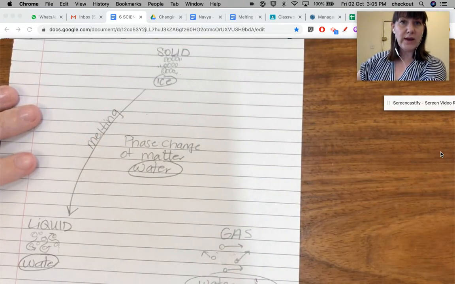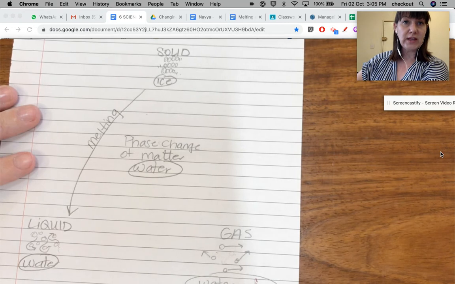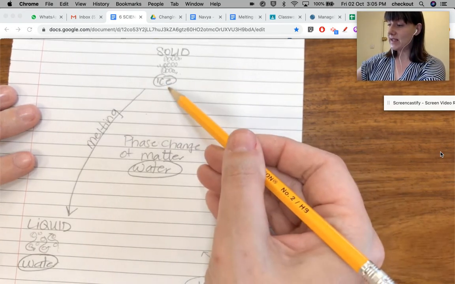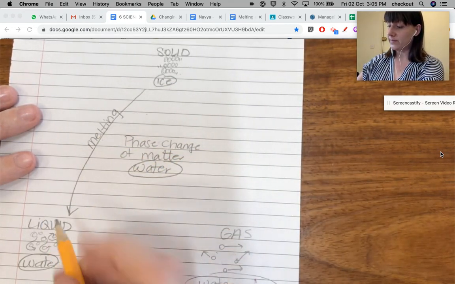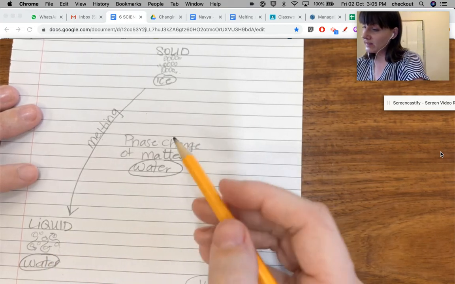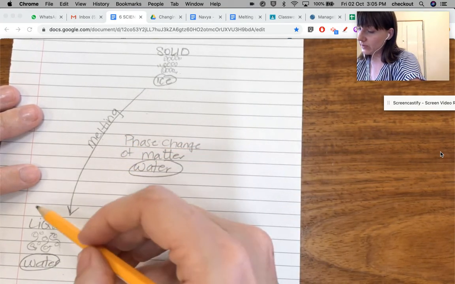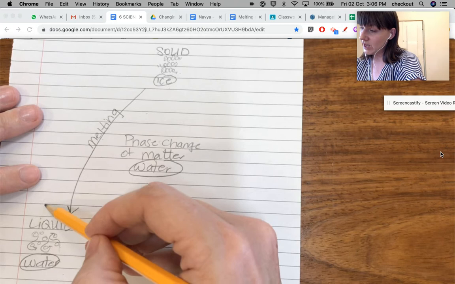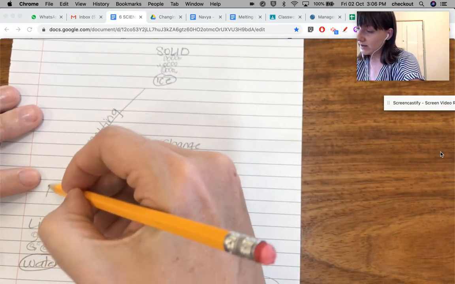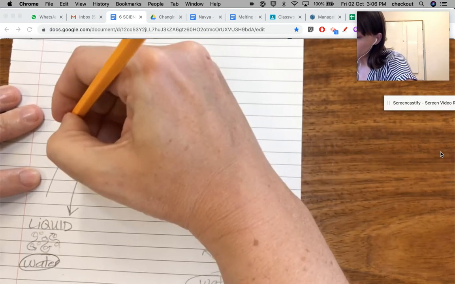All right. When a solid changes to a liquid, we call it melting, like when ice melts into water. Now, the opposite is true when we go the other way. If a liquid changes into a solid, the word for that is freezing.